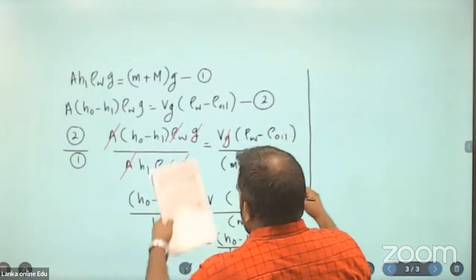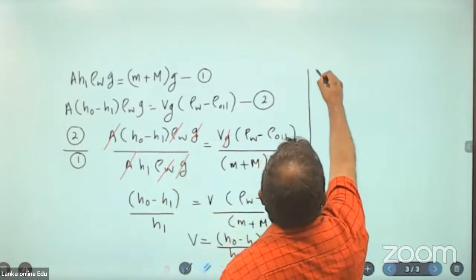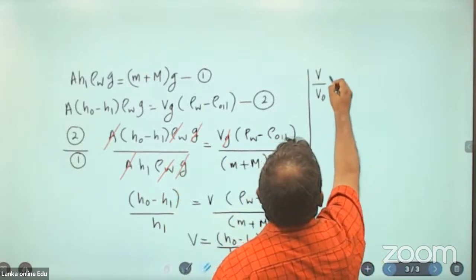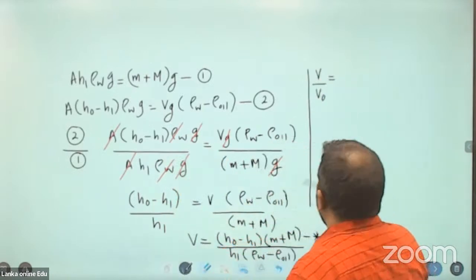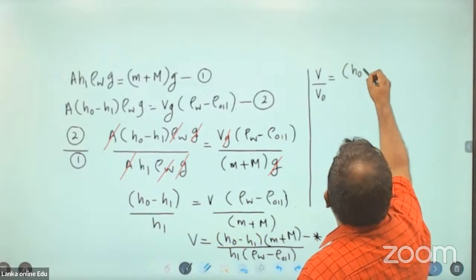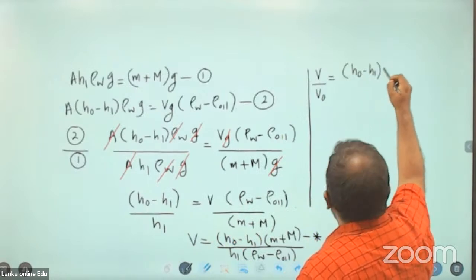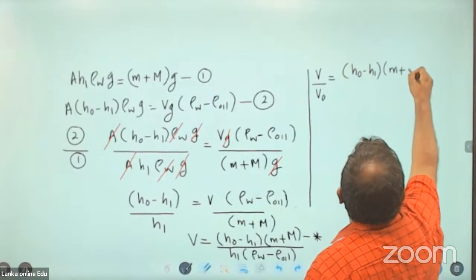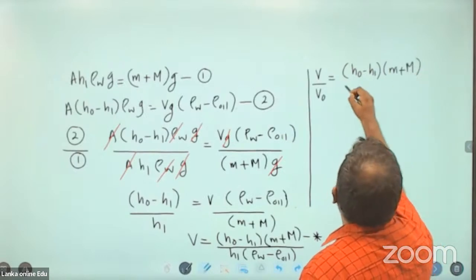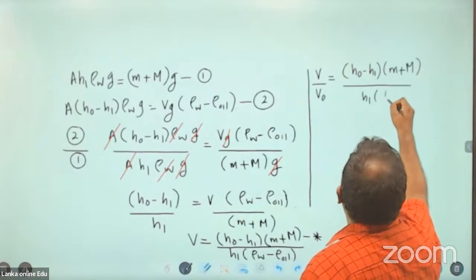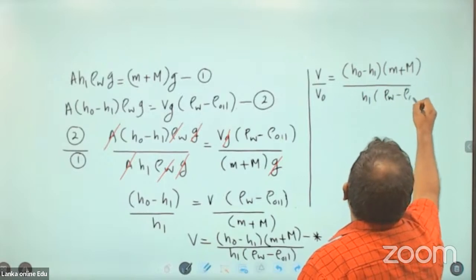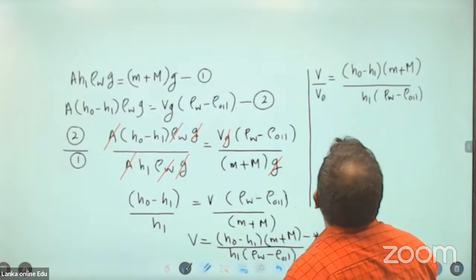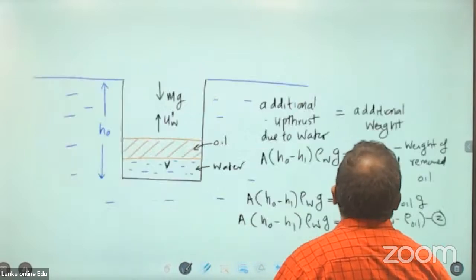What are they asking me? They're asking me V over V naught. My V I have put here: H0 minus H1 times simple M plus capital M, divided by H1 times rho W minus rho I. What is V naught?